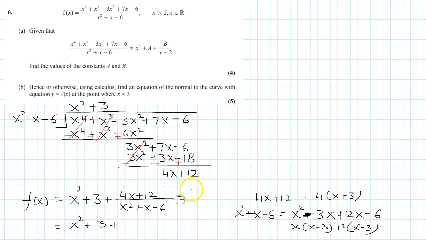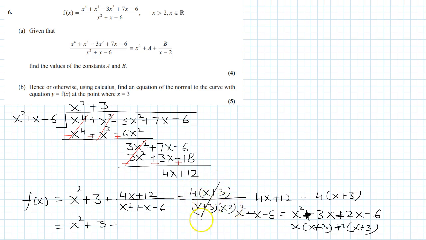So these factors are 4 times x plus 3, and these factors, is it x plus 3 or is it x minus 3? Why is this a plus? This should be plus and this is supposed to be minus. So it should be x plus 3 and x minus 2.